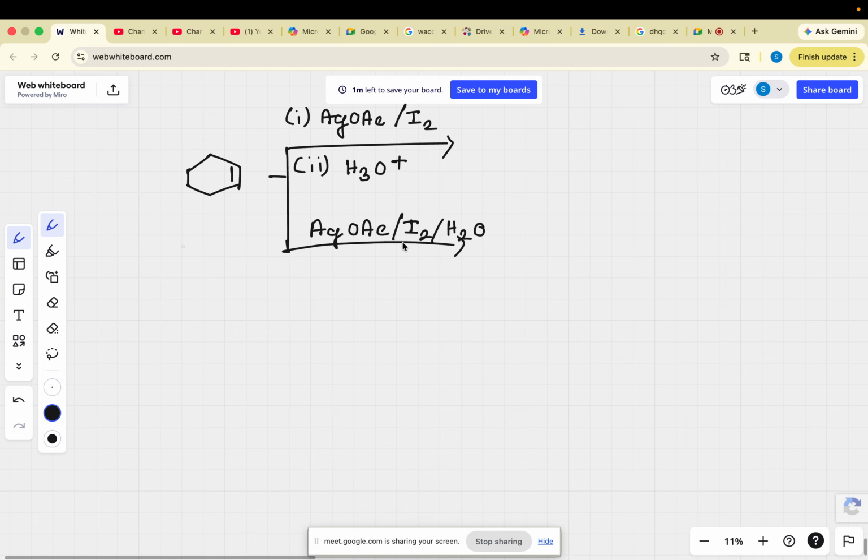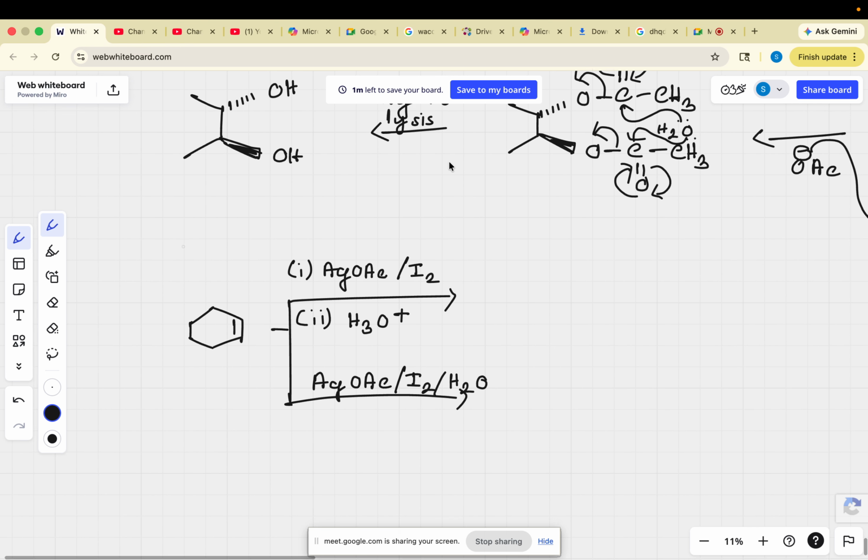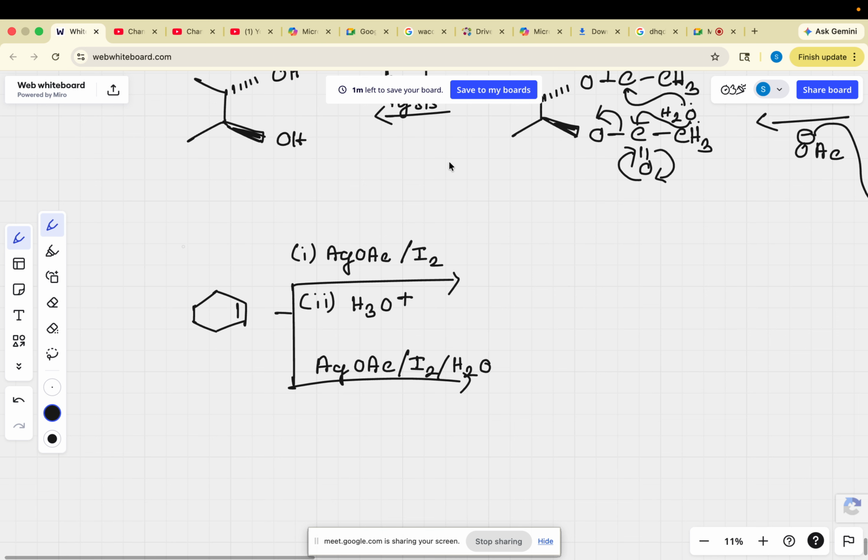Here water is given with the reagent silver acetate and iodine, so this is your Woodward reagent. Now tell me the product.